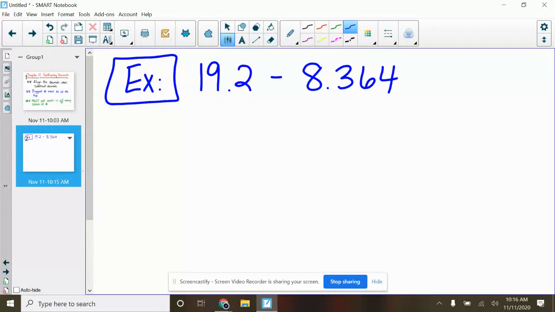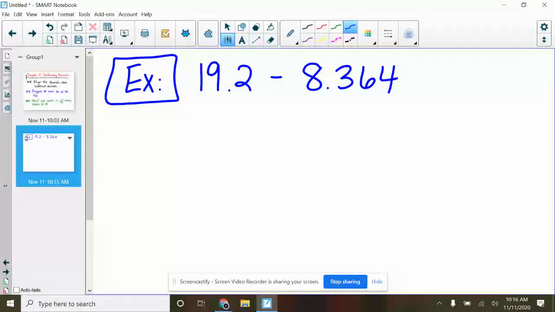Good. So when we look at these two numbers, which one's the biggest one, Brayden? 19.2. So now you're all starting to understand why they made us learn greater than, less than, or equal to. Because if we were never taught that, we wouldn't know which one was bigger.